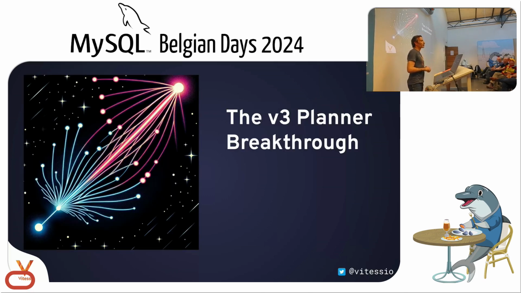Sugu, one of the founders of PlanetScale and Vitess, started working on the V3 planner, which was the first planner that could take a query and split it up and reconstitute the results back again. That was finished in 2017, I think, and it was the first planner that could do this.